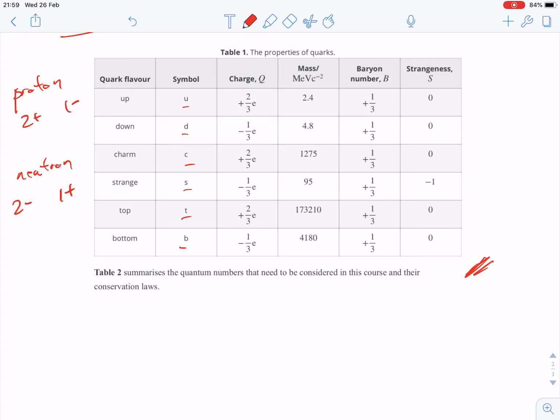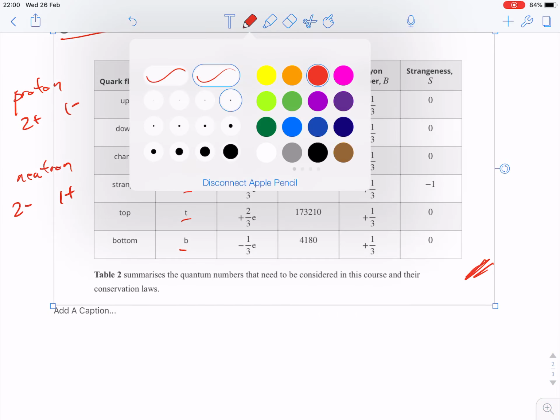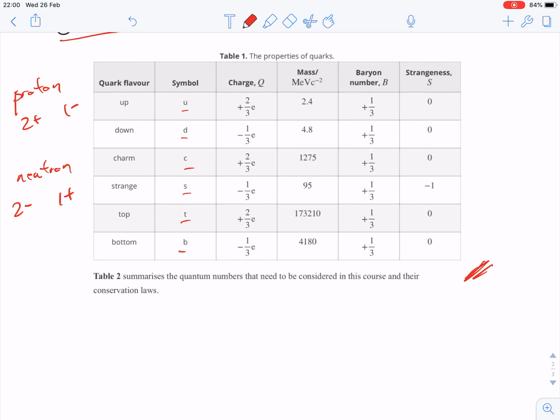Their respective charges are all either 2/3 or 1/3, positive or negative, depending on whether you're talking about the actual particle or the antiparticle. An anti-up would have negative 2/3, an anti-down would have positive 1/3, and an anti-charm would be negative 2/3, and so on.